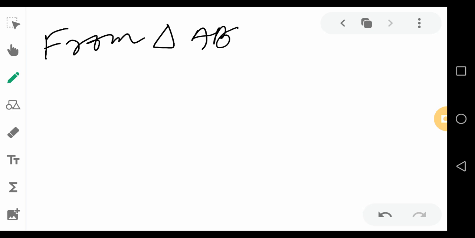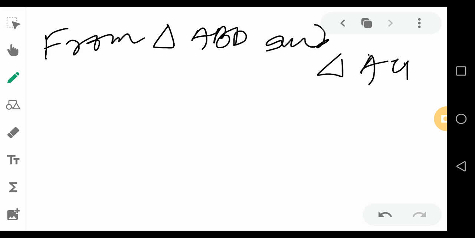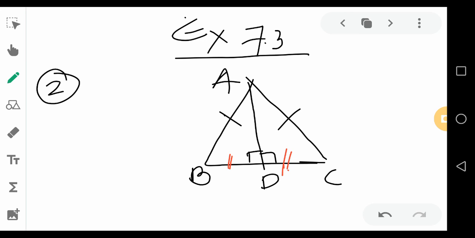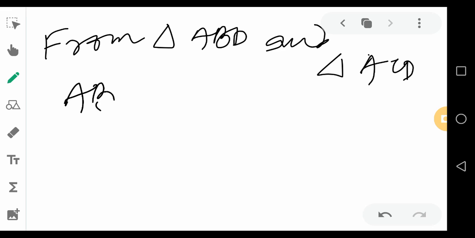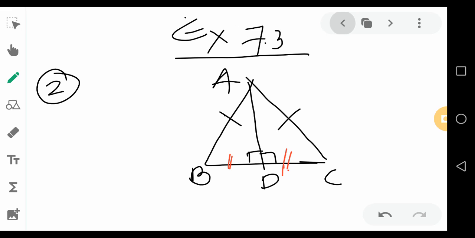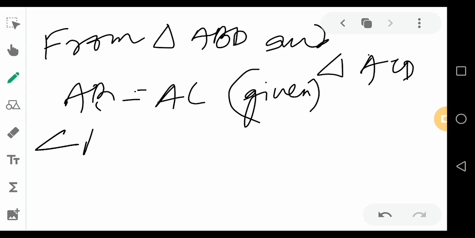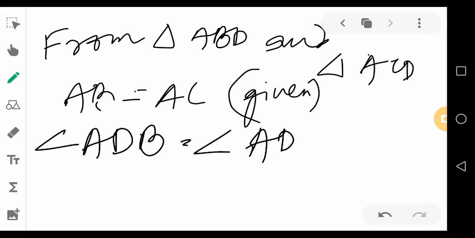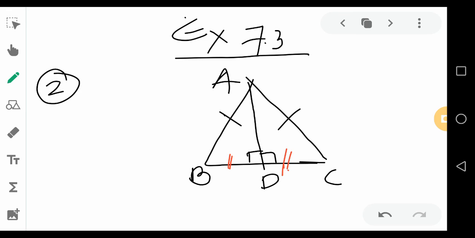From triangle ABD and triangle ACD, we can write AB equal to AC. Why? Because the isosceles triangle is given. Now we can write angle ADB equal to angle ADC, right angle. And the third one, we can write AD equal to AD, common.